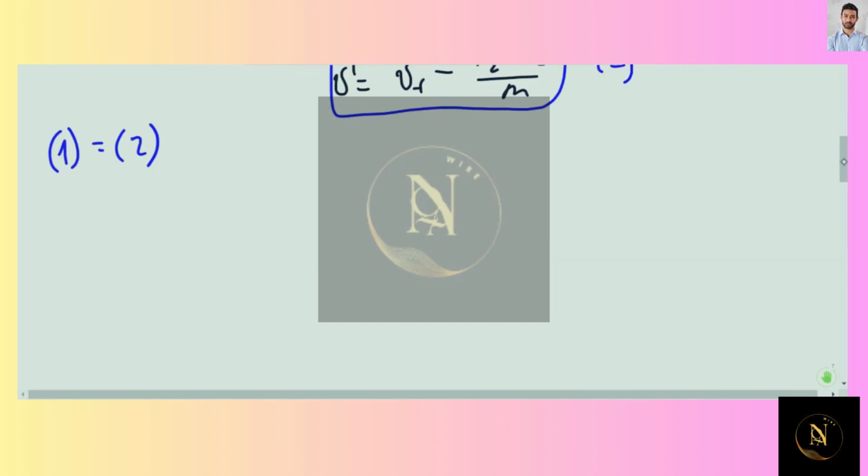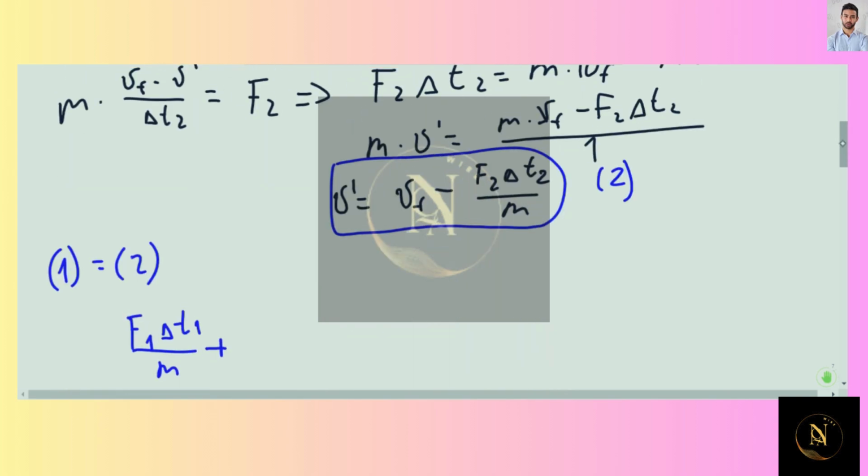Let's summarize the results. F1 multiplied by delta t1 divided by mass plus v0 equals v final minus F2 multiplied by delta t2 divided by mass.